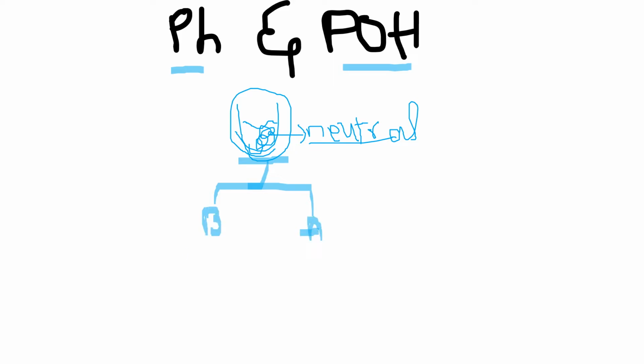In the base, the water produces the OH ions, and in the acid, it produces the H ions. In both conditions, the one contaminant, that is water, works as both acidic and basic.